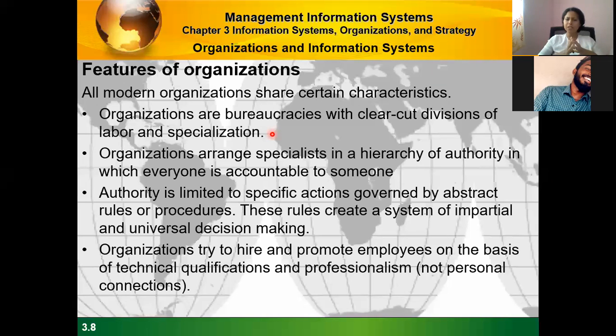What do you mean by division of labor? In division of labor, what we talk about is work is separated into many different tasks, right? Where each task is performed by different people who have different types of skill sets, right?